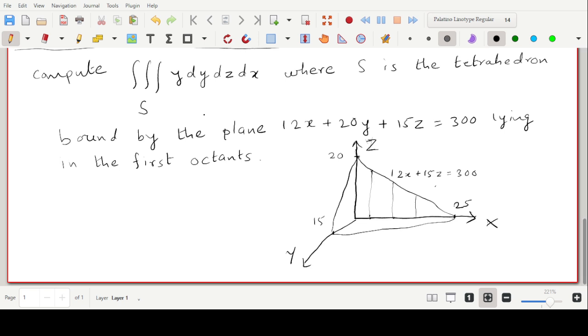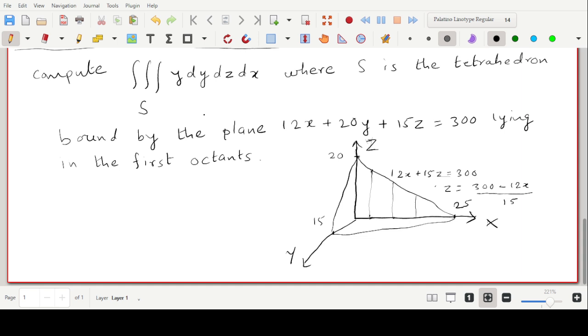For x, z is going from 0, here z is 0, it will move from 0 to this point. So this point lies on this line. So the z coordinate of this point can be computed by solving this equation. So z equal to 300 minus 12x divided by 50.